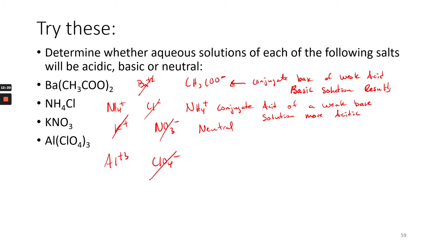Here we have a highly charged smaller metal ion, and that will result in a more acidic solution because it will make the OH bond in water weaker, allowing the hydrogen to donate, and you will end up with a more acidic solution.